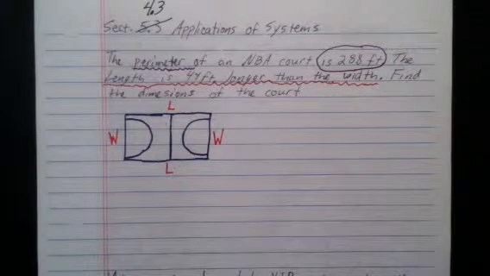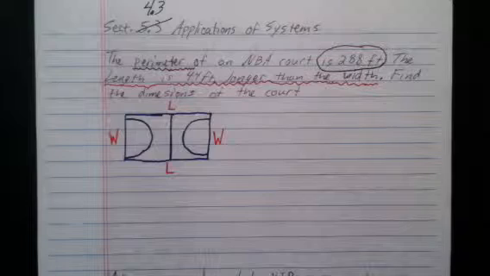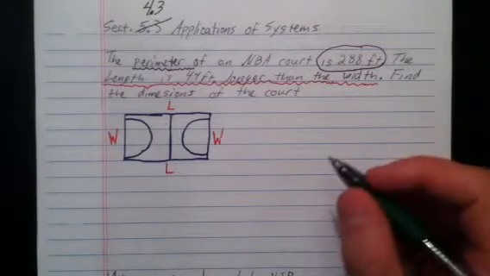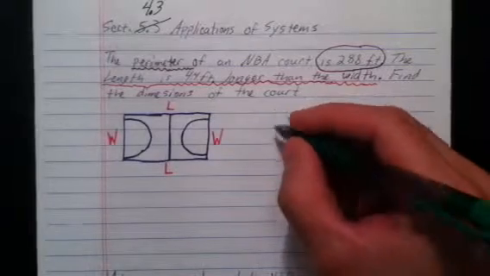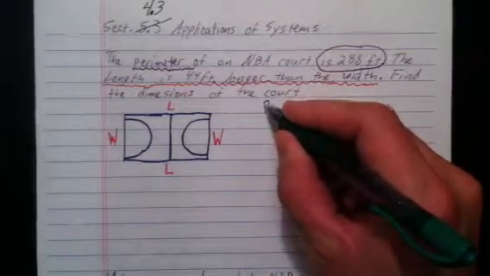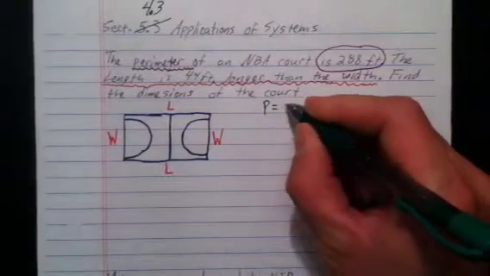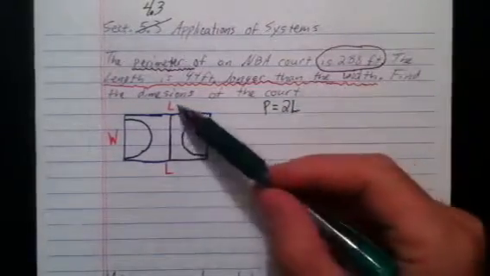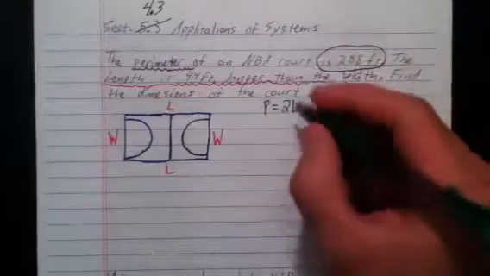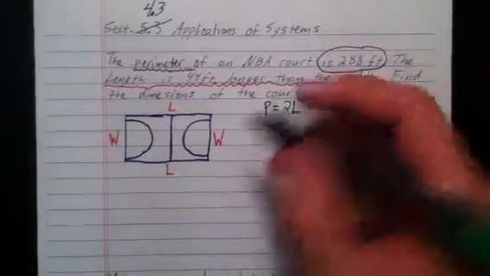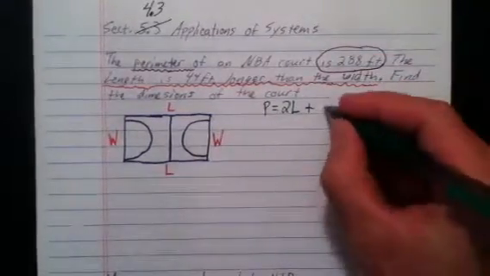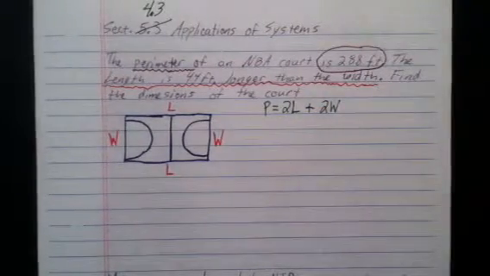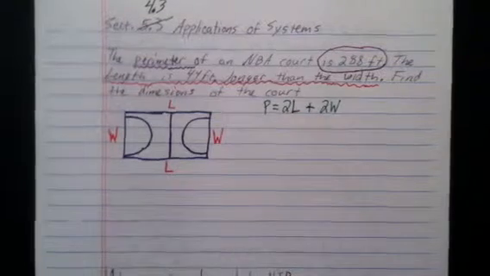So the first piece of information we're going to need is the perimeter formula for any rectangle. We can find this by doubling your length, multiplying your length times 2 because you have two lengths that are the same, and then doubling your width because you have two widths that are the same, and then adding those two values together. That's how we find the perimeter of any rectangle.